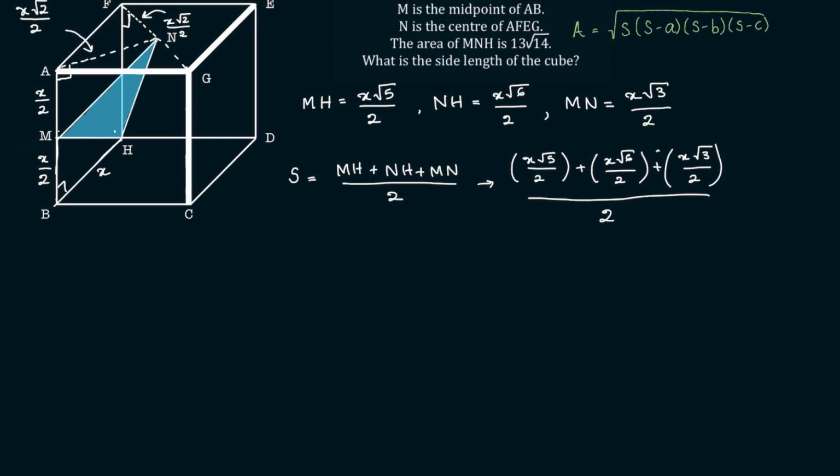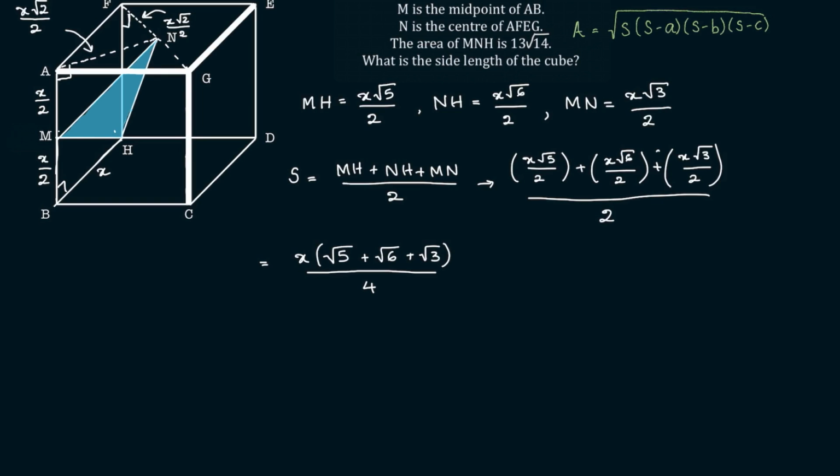Alright. Now once we've simplified this further, this will be equal to x times root 5 plus root 6 plus root 3 all over 4.